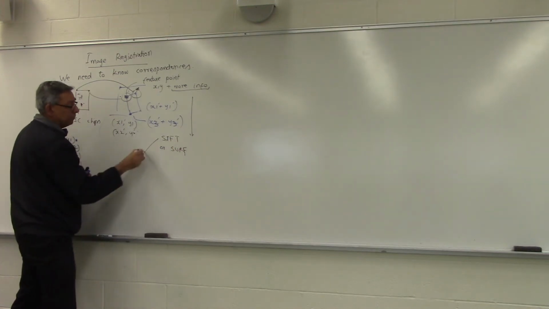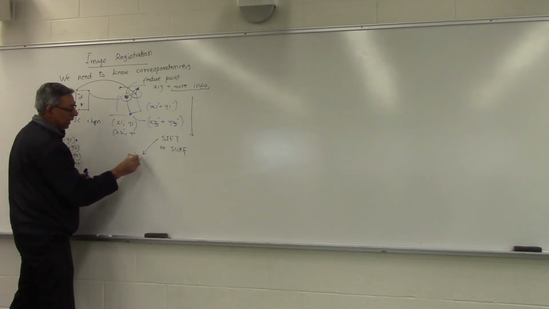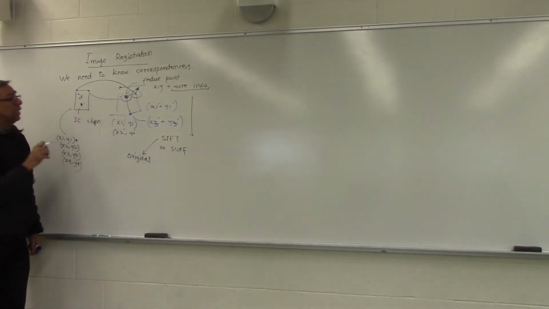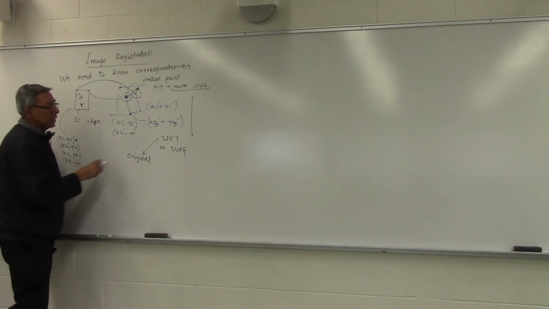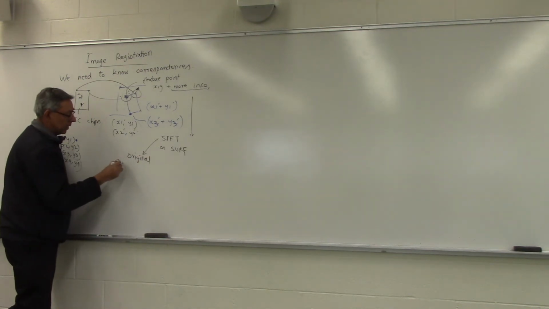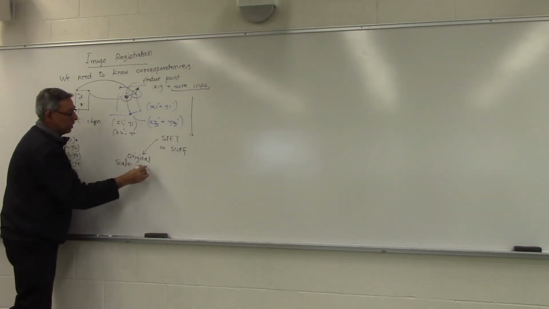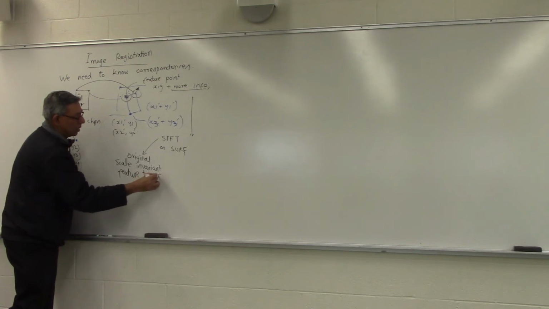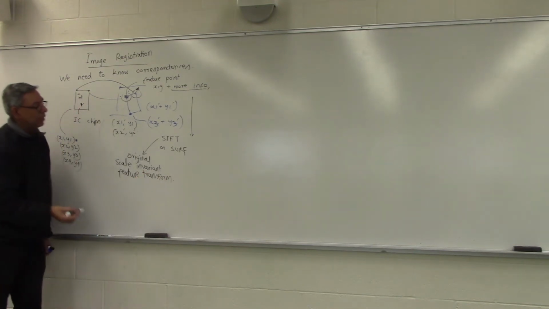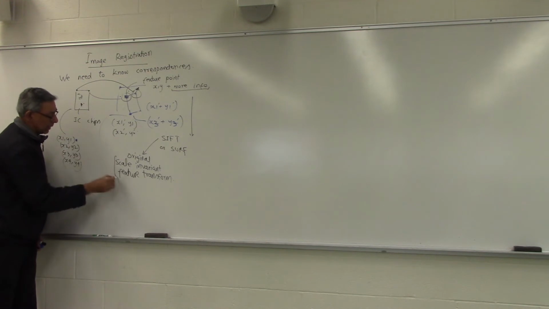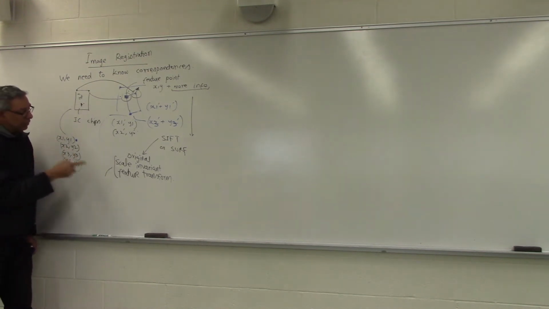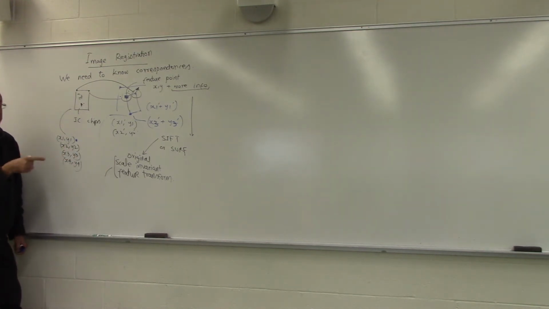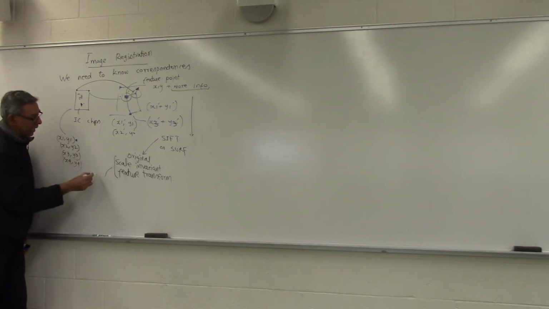SIFT was the original pioneering algorithm in this particular domain. It stands for Scale Invariant Feature Transform. I think it was developed by somebody in Canada, it became a very famous algorithm, and the person patented it.